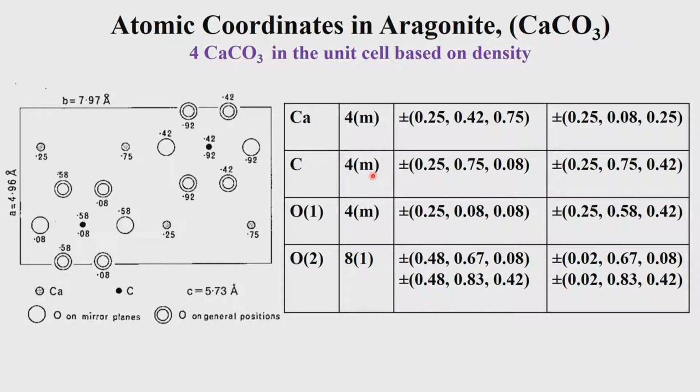Carbon also decides to use the mirror symmetry. It could have used mirror as well as 1 bar, but it uses the mirror symmetry. 4 of the oxygens use the mirror symmetry. This now determines the geometry of the calcium surroundings. And then we have the second oxygen, which generally occupies general positions. At this stage we will discuss independently how we go about understanding this.